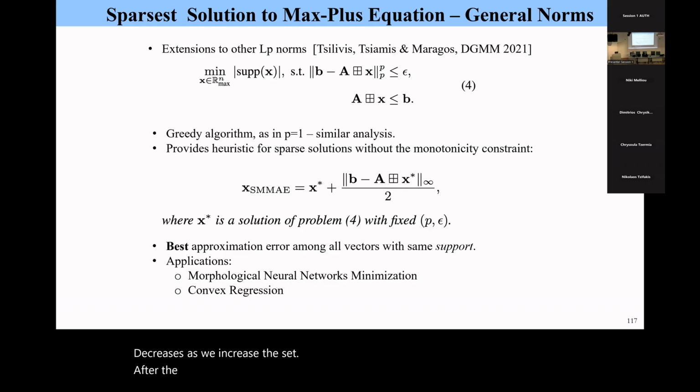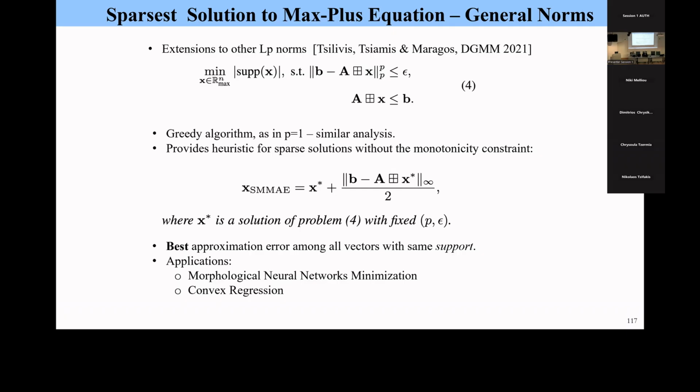After the first greedy algorithm, where we used the L1 norm, in subsequent works we were able to provide a similar greedy algorithm for other Lp norms, where p is not just 1 but can go up to L infinity. And we have been able to find sparse solutions for the unconstrained optimal estimates of solving a system of max plus equations while imposing a sparsity condition.